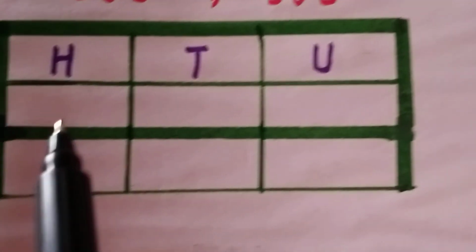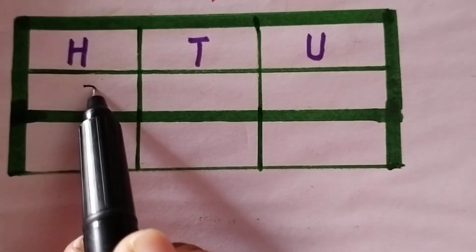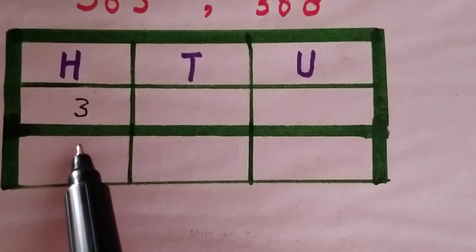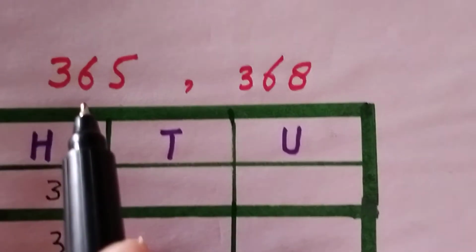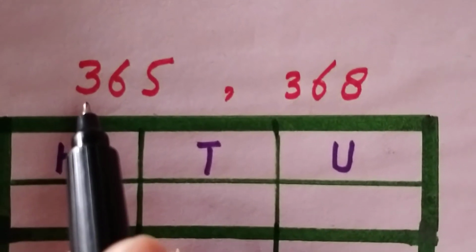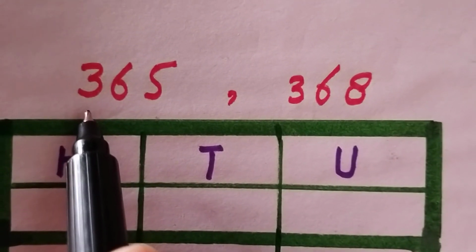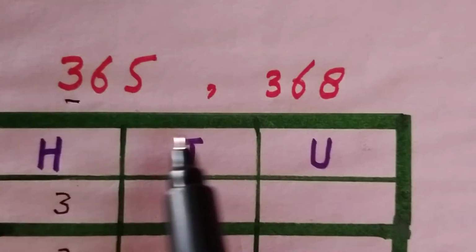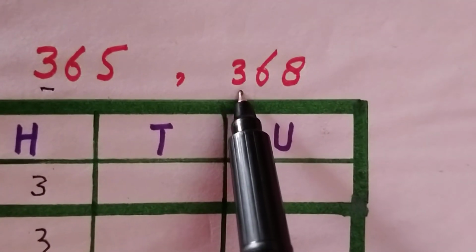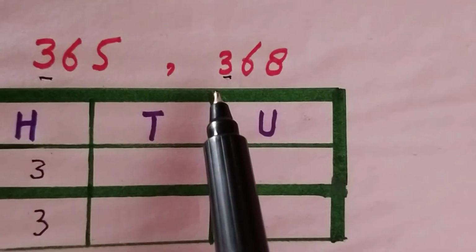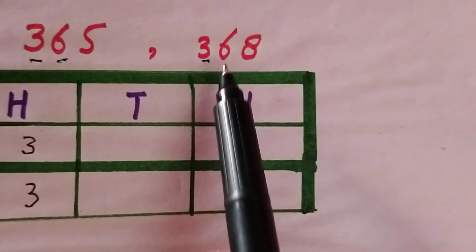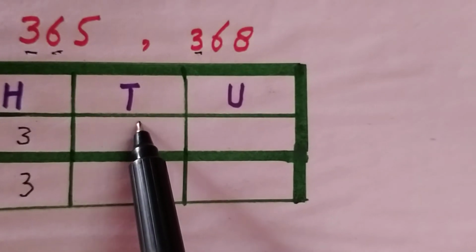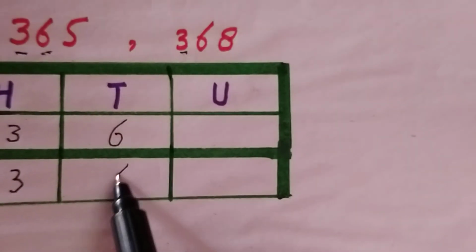The first value is 300. In the hundred place, the digits are the same. In the tens place, 6 and 6. We compare 6 and 6: equal.